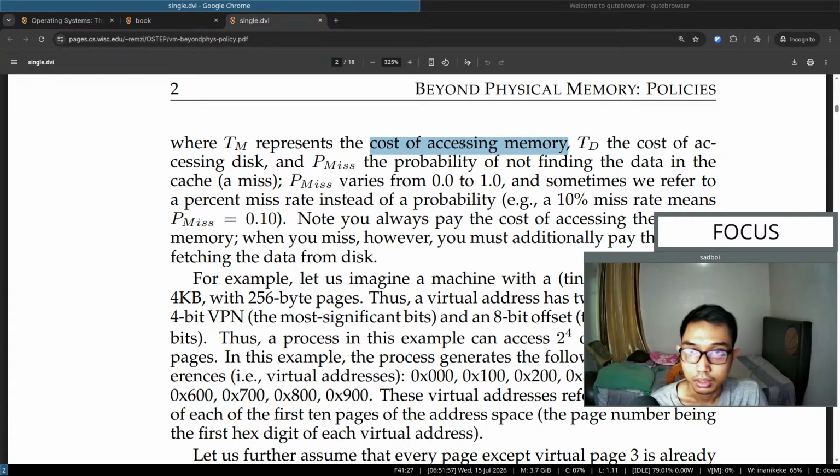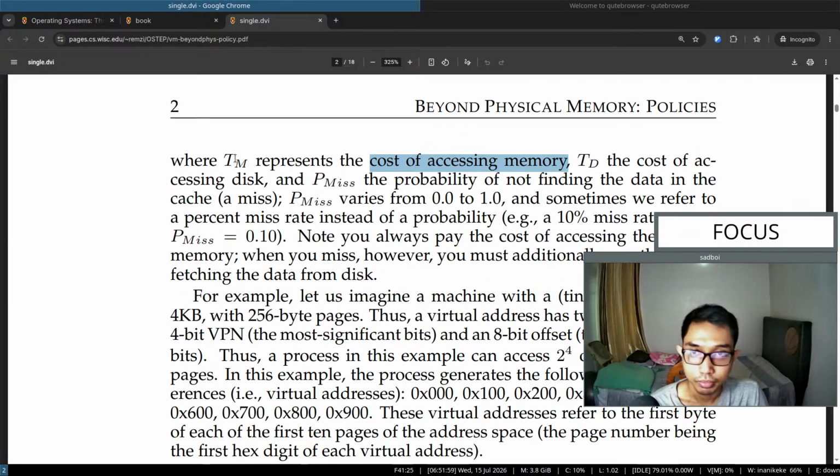I guess we can think of T_M as the time needed to access memory, and T_D is the time needed to access the disk.